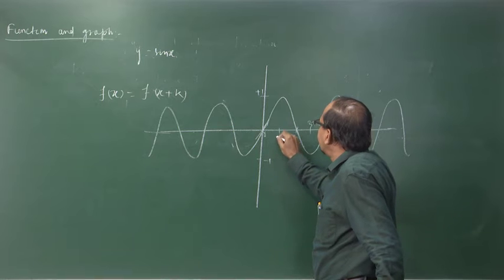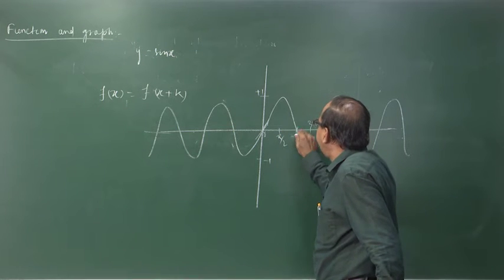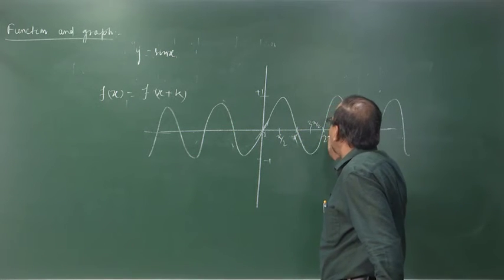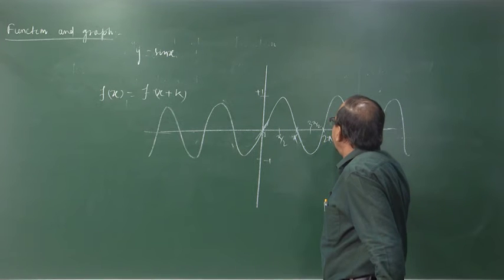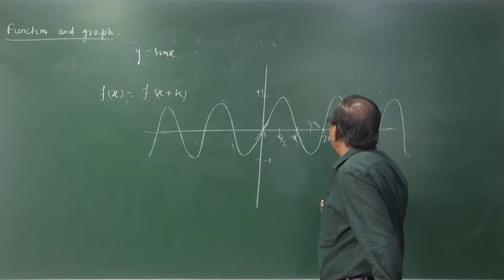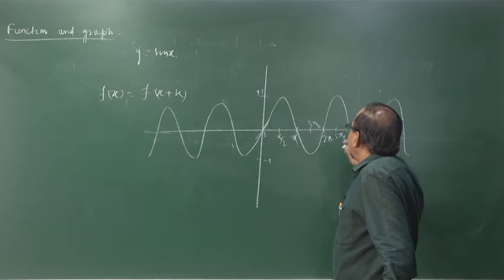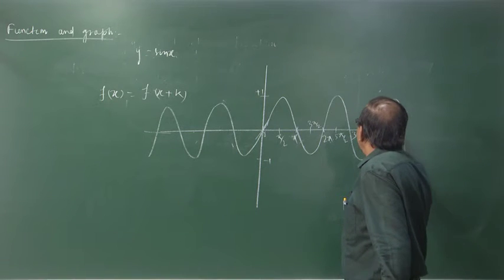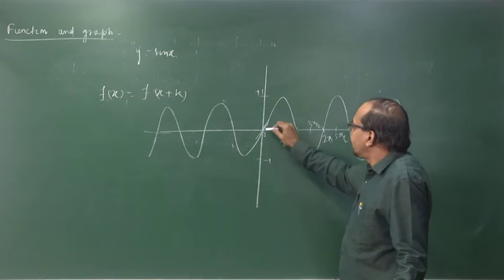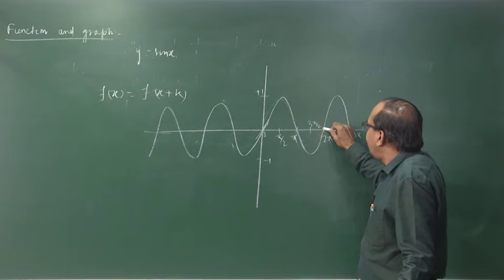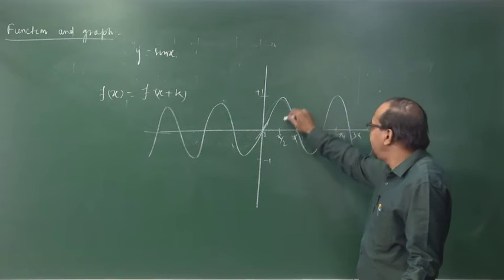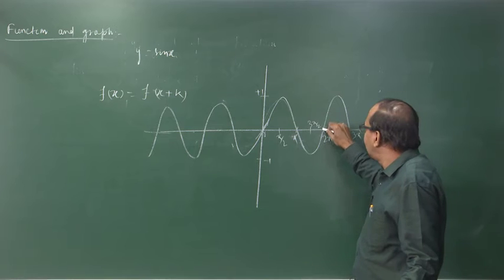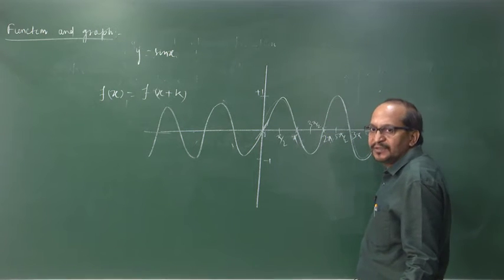This is 0, pi by 2, this is pi, this is 3 pi by 2, this is 2 pi, and here it is 5 pi by 2, and so on, and it is 3 pi and 4 pi, and so on. So, you can see the sine function repeats after 2 pi. So, the period is 2 pi, after 2 pi again the function repeats.